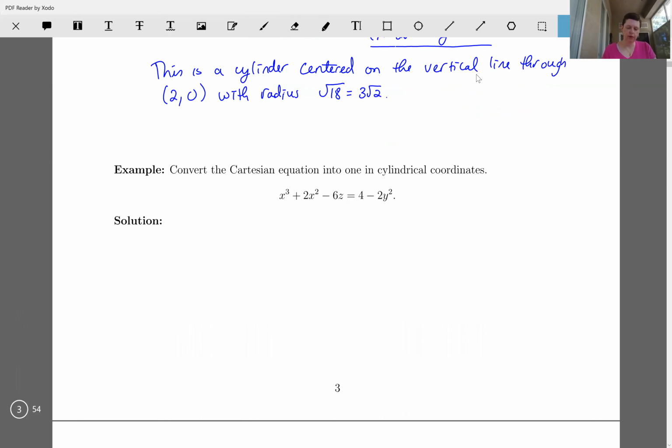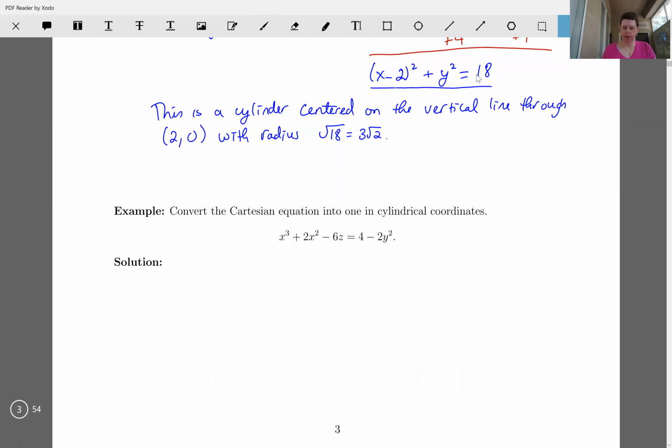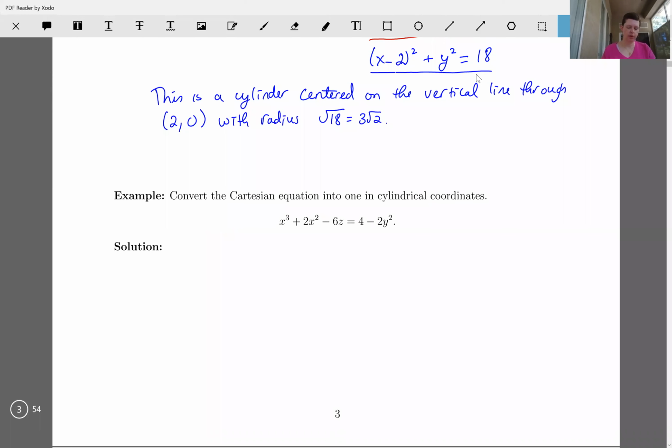Let's do one more example before we go to spherical coordinates, and I'll make that a separate video for your convenience. Hopefully your convenience. Let's convert the Cartesian equation below into one in cylindrical coordinates. So we're just going to plug in, okay, for x, we're going to plug in r cosine theta. Z stays z. And for y, we're going to plug in r sine theta.